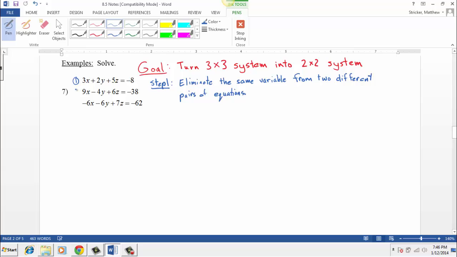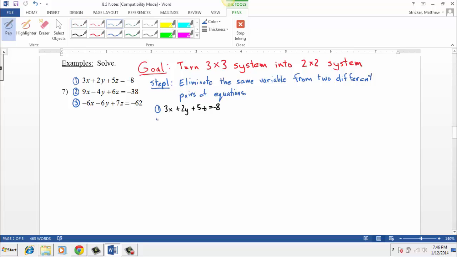So if I call this equation 1 and equation 2 and equation 3, if I take equation 1, again, equation 1 is the 3x plus 2y plus 5z equals negative 8.